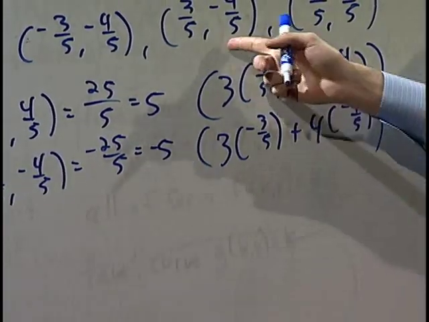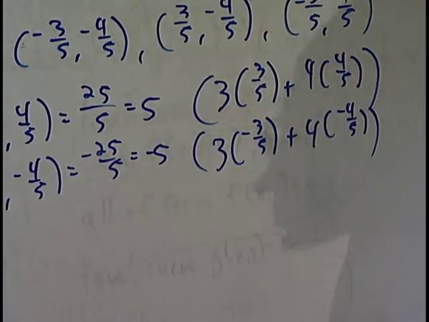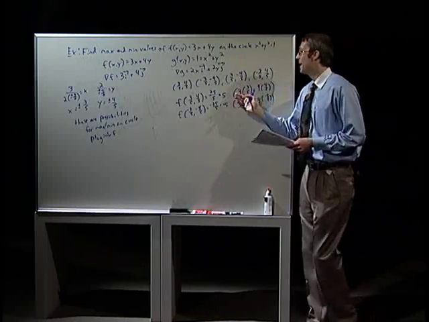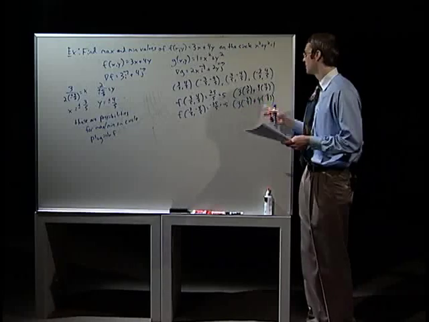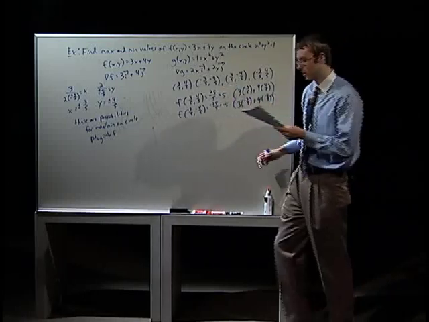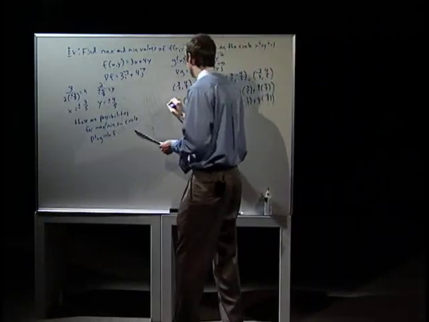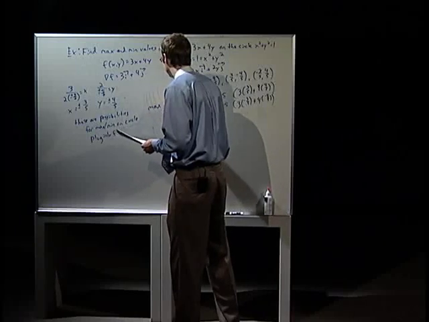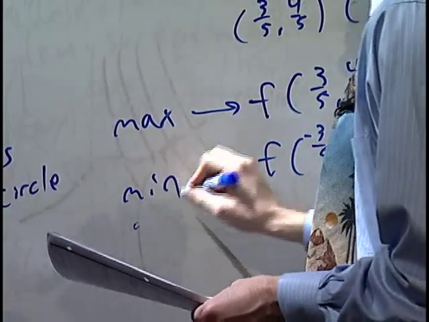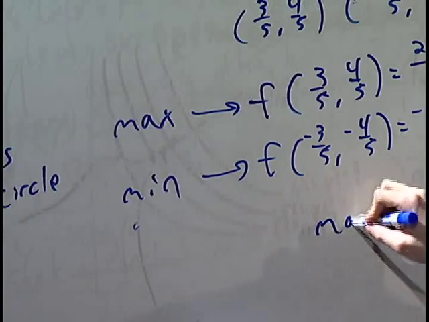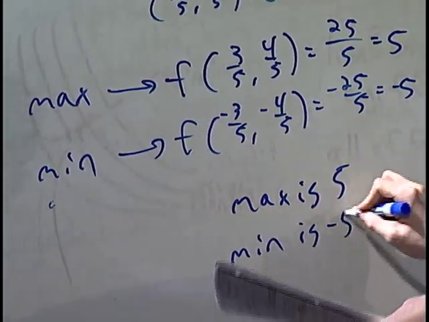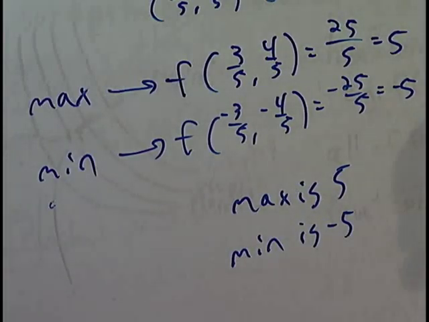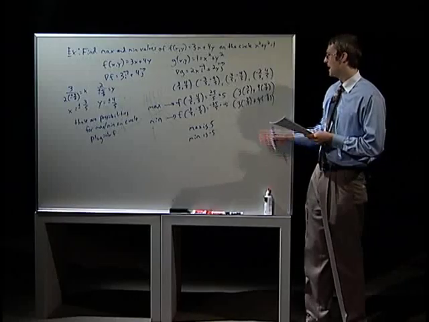If you try either of the other points, where one is negative and one is not, the negative piece pushes it negative and the positive piece pushes it positive. It's going to be somewhere less extreme than one of these. So these are the extreme values. The max is 5, and the min is negative 5. Okay? So that's the algebra behind this.